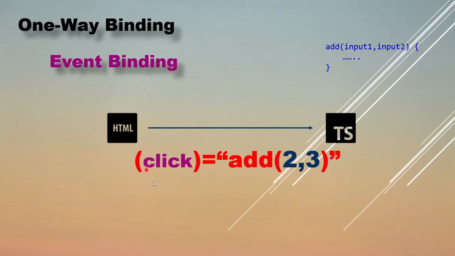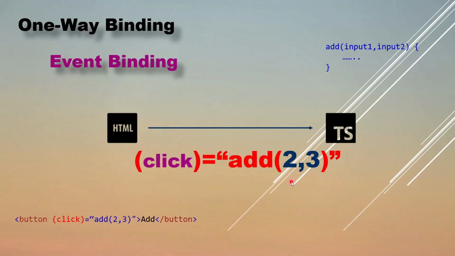Click is one event, and we have multiple events, so you can use any event here. Then equals, the same way, and here we need to give the function. Here we have add, and whatever parameters we need to give. These parameters we can take from HTML, and we can access them. Now this will call the add function.